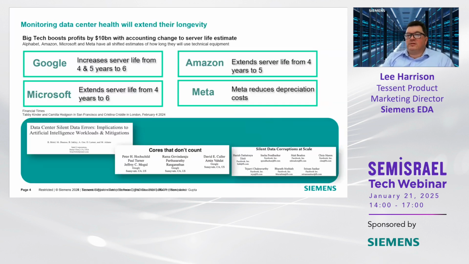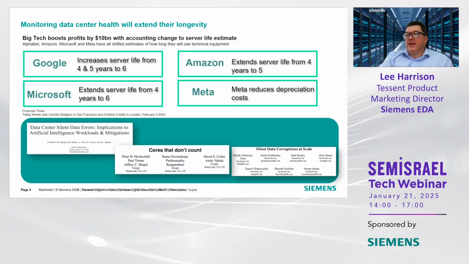So what's really driving this technology and these requirements within the industry? Here is an example of statements made by a number of large data center providers, and how the ability to increase the server active life by a number of years will massively reduce the cost of building these systems and supporting these systems.